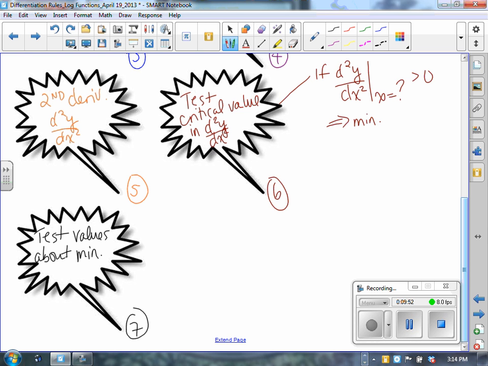Okay, so we want to test values about the minimum to see if they're going to be greater than the value of our minimum. Okay, so we're really trying, what does that imply? We want to see, do the surrounding y values surpass?